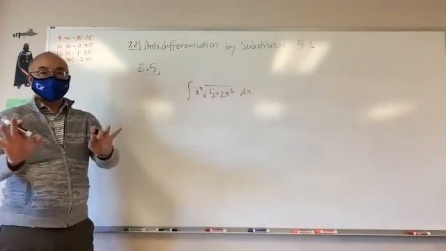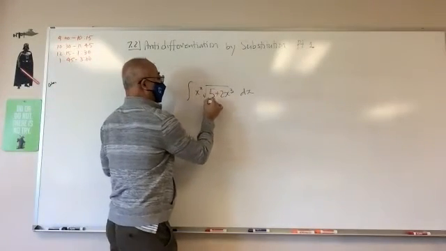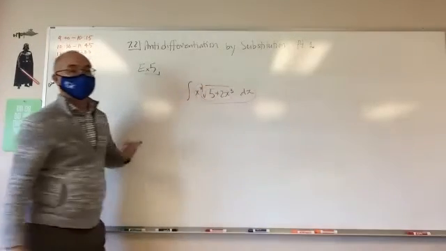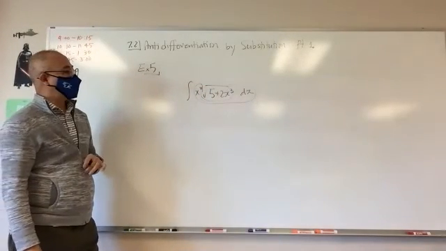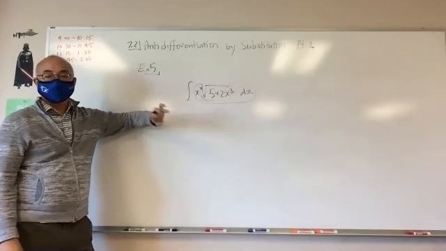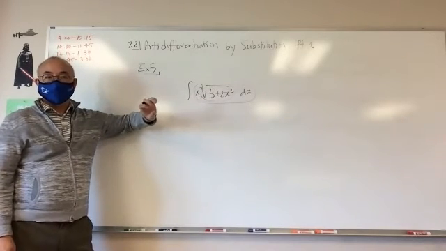Okay, again, let's think about this. I'm going to try to get this guy. That would mean, when I take the derivative, I get squares. So the original substitution is going to be something cubed, x cubed, right?